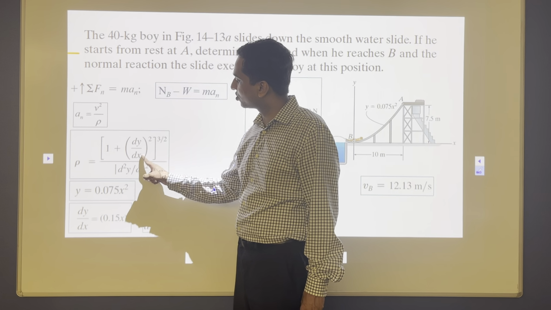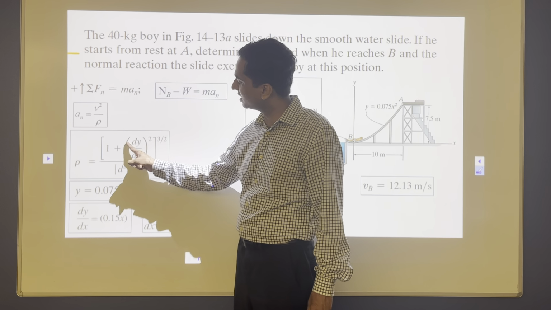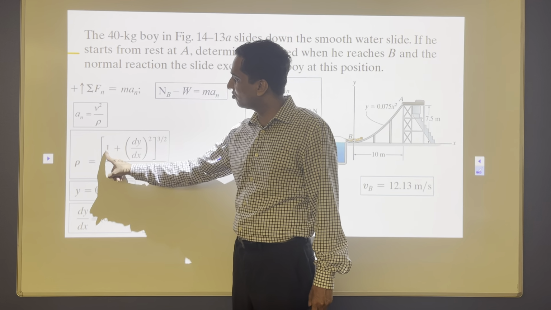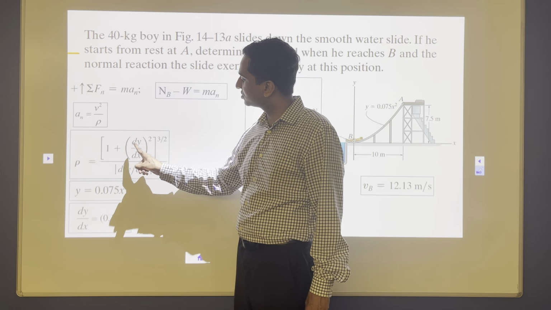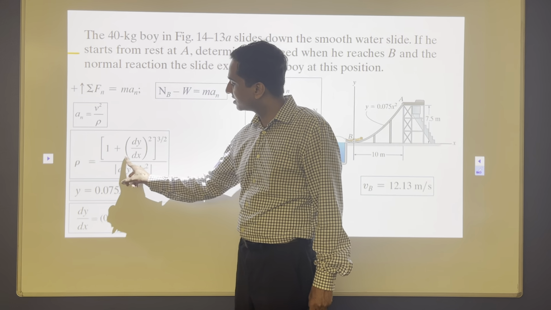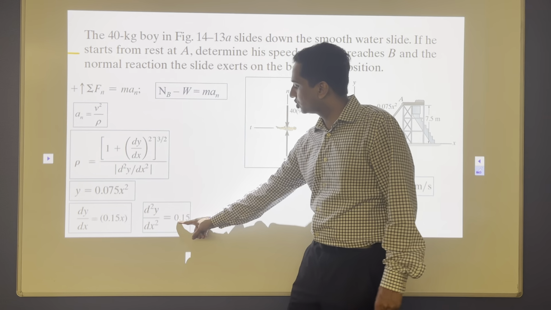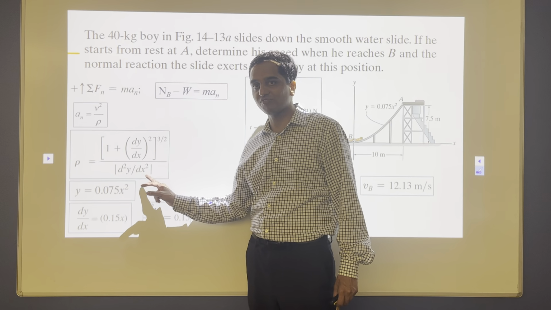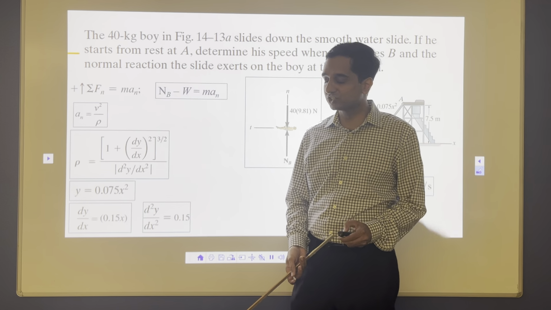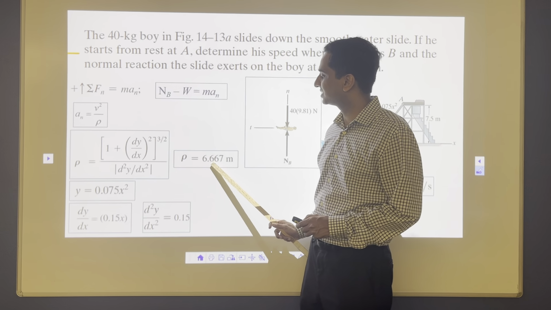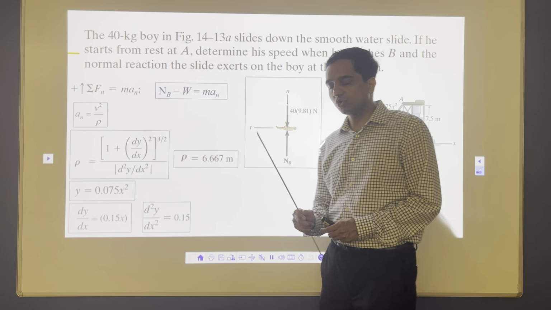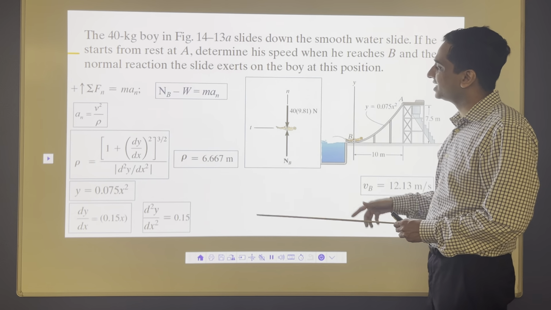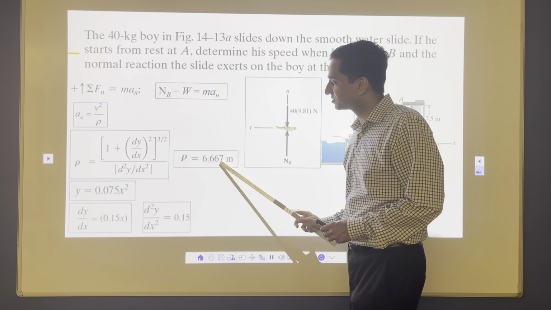It means this part will become 0, so only 1 will be there. 1 plus 0 divided by this term, which is 0.15. Altogether it will become 1 divided by 0.15, and that is 6.667 meters. So the radius at this point is 6.67 meters.